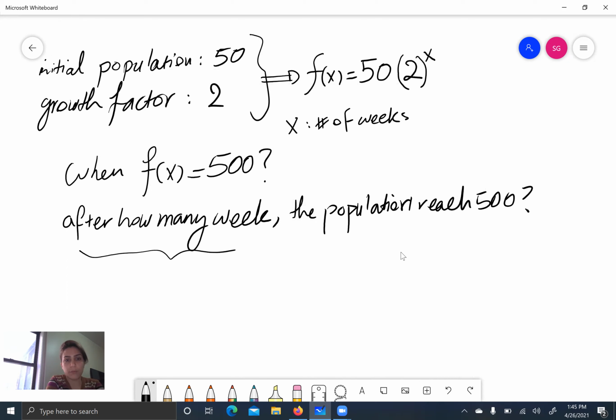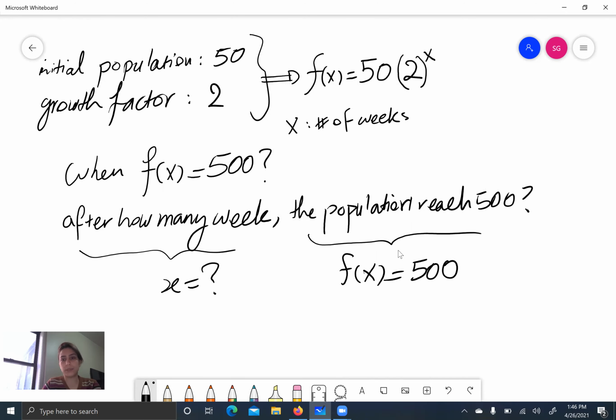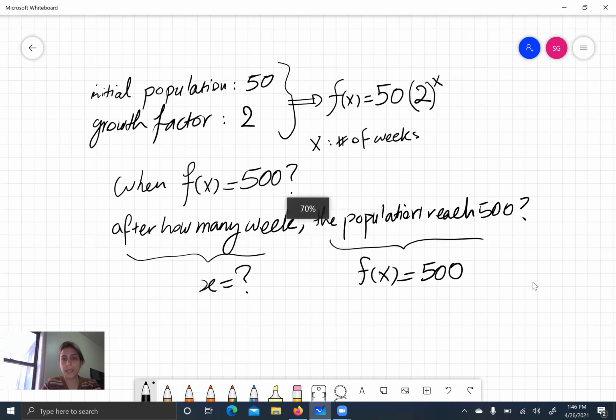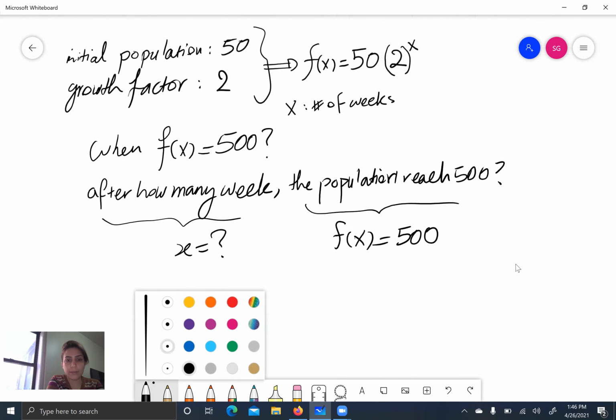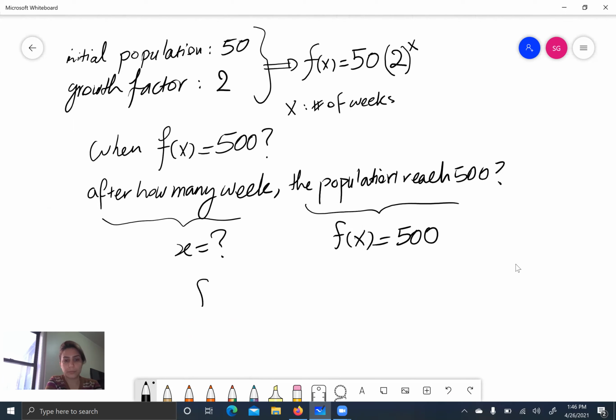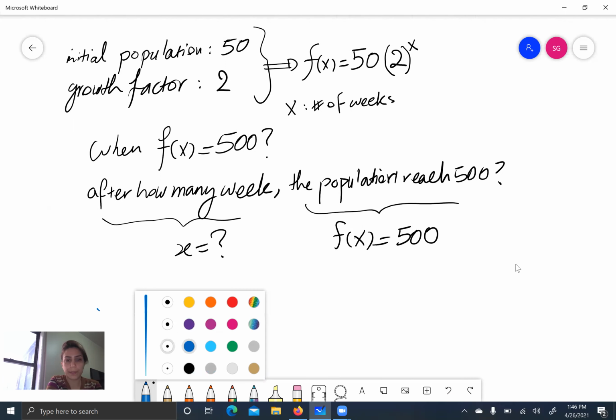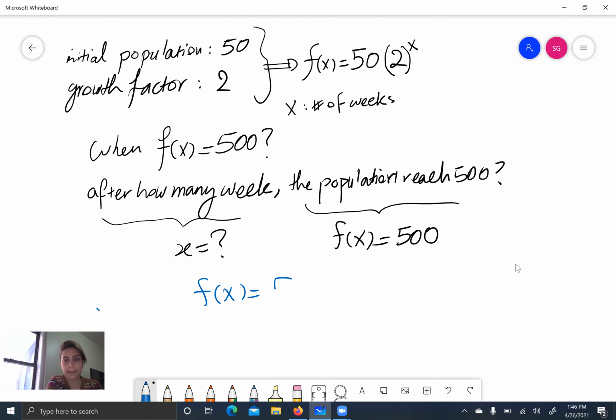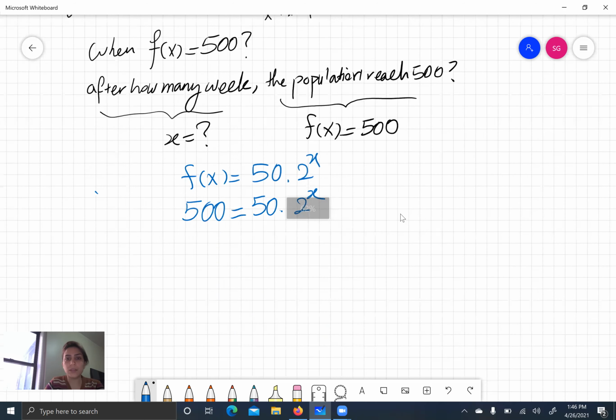So if you substitute that into the equation of this function, f of x has this equation, and the question is, for what x value does the output, the population, become 500? Then we need to solve this equation.